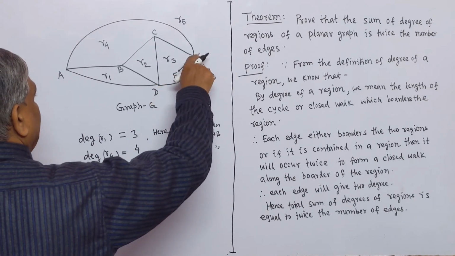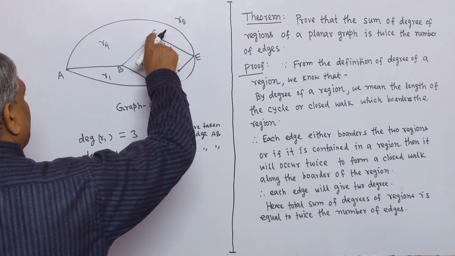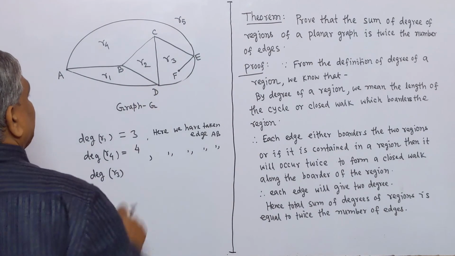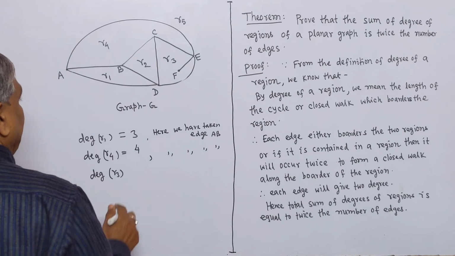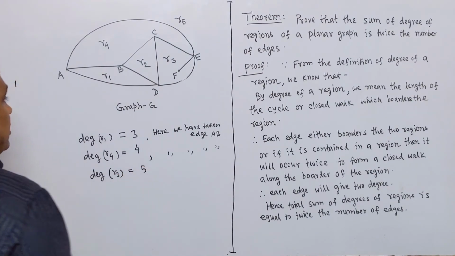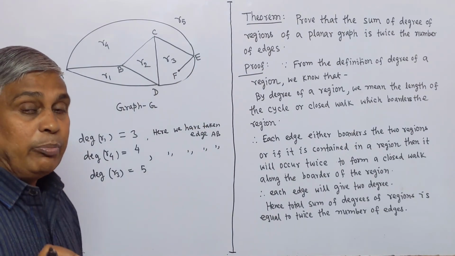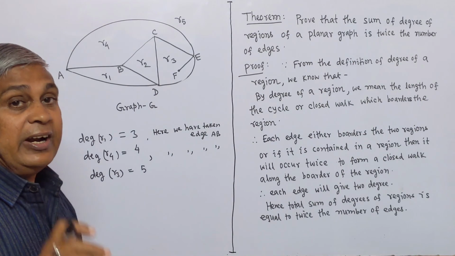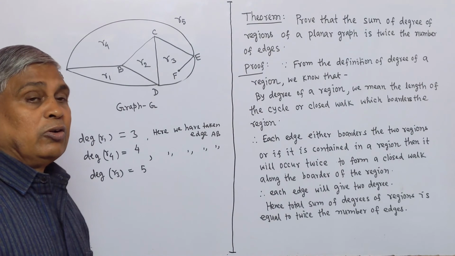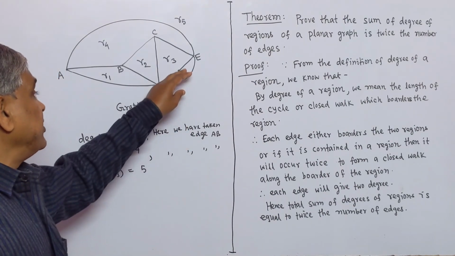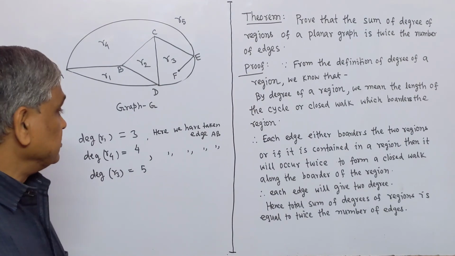Here DE 1, EF 2, FE 3, EC 4 and CD 5. Here we have taken EF twice. If an edge is not in the border of two regions, but it is contained in a region, then in that case we take this edge twice for finding the degree of the region.